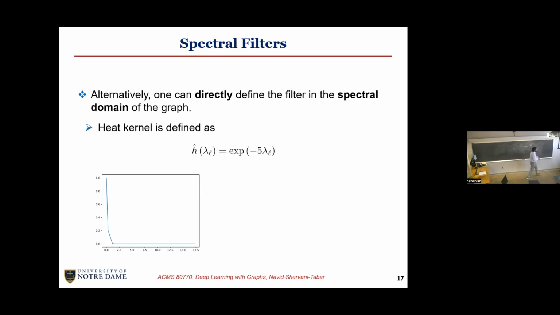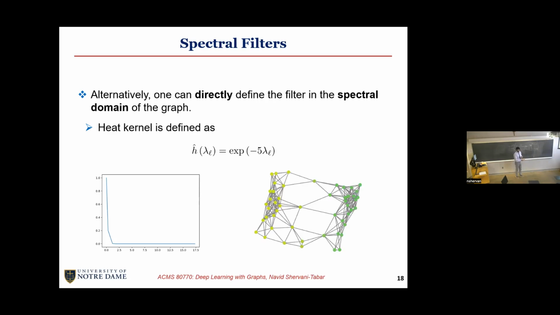Now I can take this and use the inverse graph Fourier transform, and put it back on the graph. Whatever I defined here, I can present it on the spatial domain using the inverse graph Fourier transform, and that's how it's going to look, right?